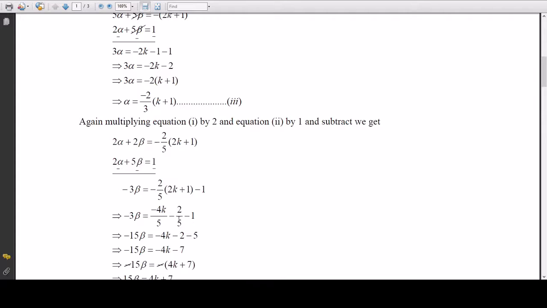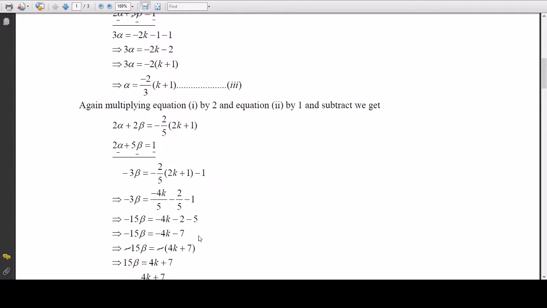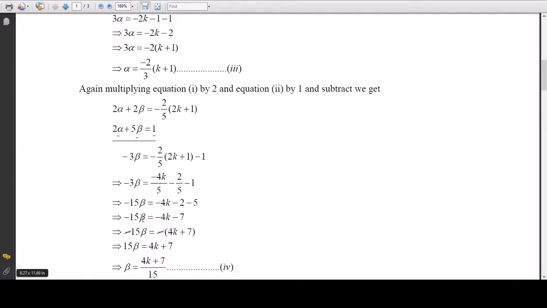In this step, multiply throughout by 5, because 5 is in the denominator. You'll get minus 15 beta equals minus 4k, minus 2, minus 5, which is minus 7.